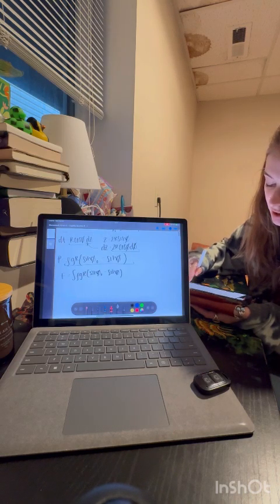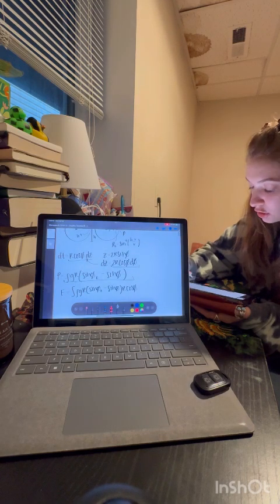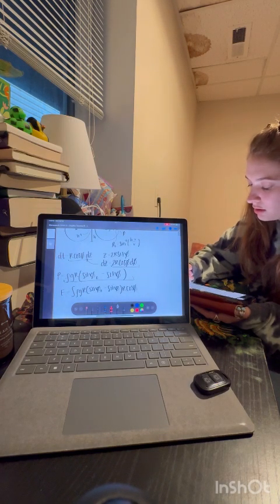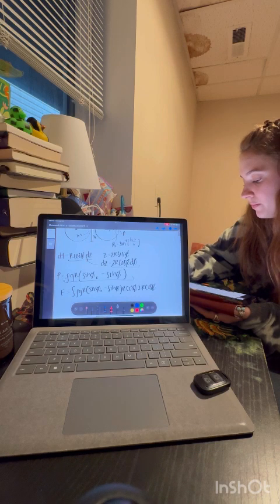And then multiplied by our differential area. And then that's where we plug in our dz, cosine theta d theta.